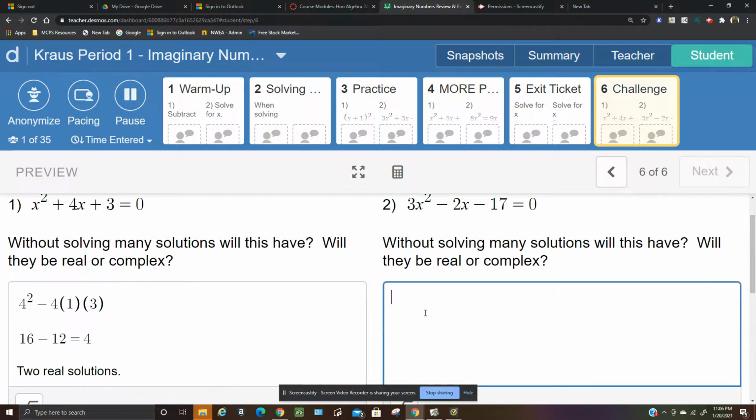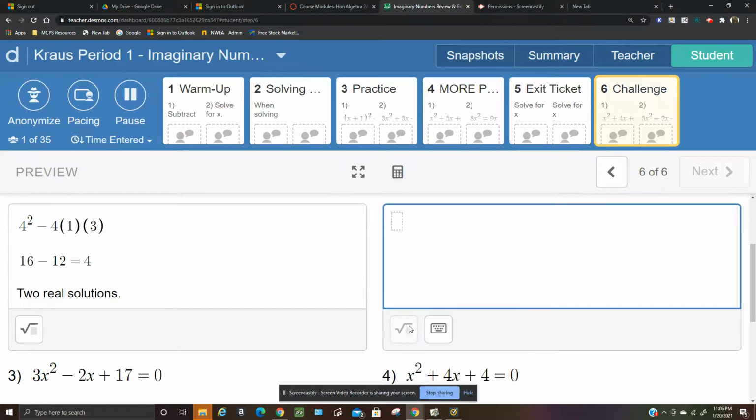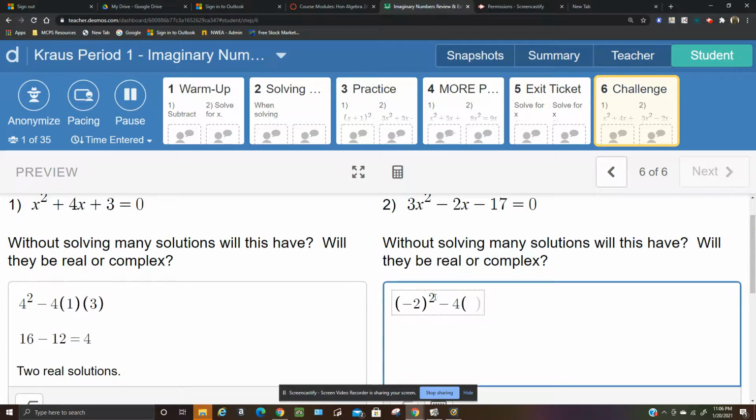And then this one, 4 times 3 times negative 17.